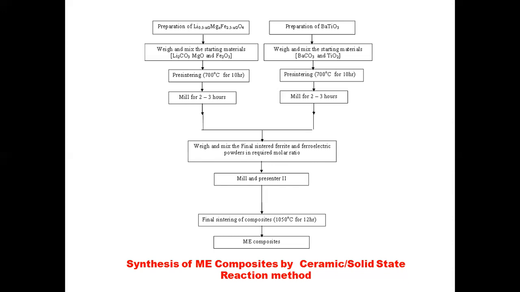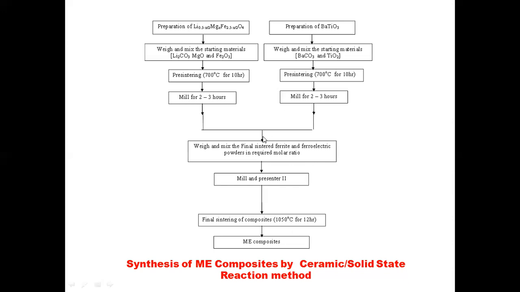After the pre-sintering is over, when the furnace cools down, you take the crucible outside, and that pre-sintered powder will have to be ground again into a fine powder. So now on this side, we have the pre-sintered powder of the ferromagnetic ferrite, and on the right side, we have the pre-sintered powder of barium titanate.